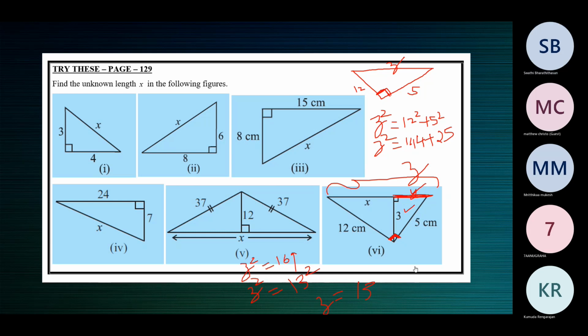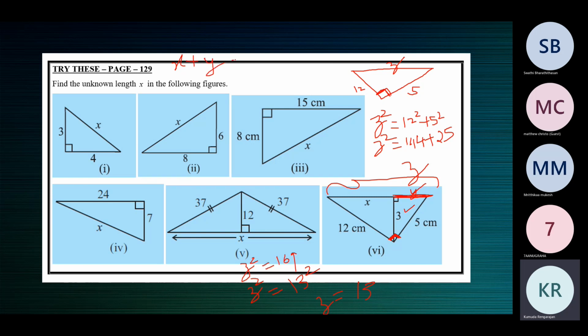Yes, ma'am. All right. So now to find X, we found Z, the full length Z is 13 centimeters. Now, from this figure, do you agree that X plus Y is equal to Z?